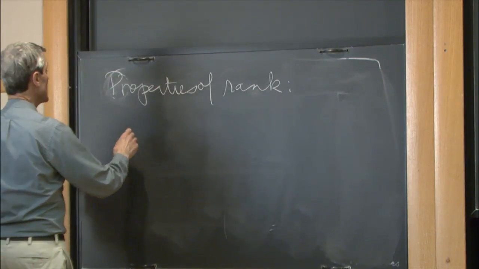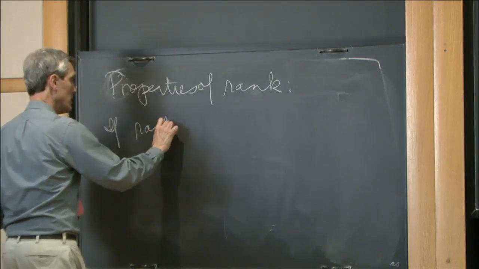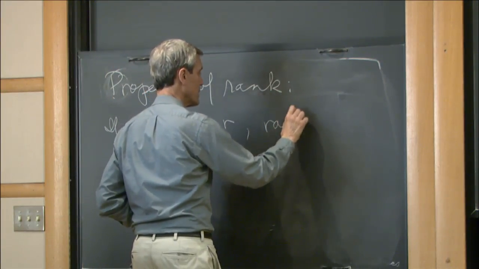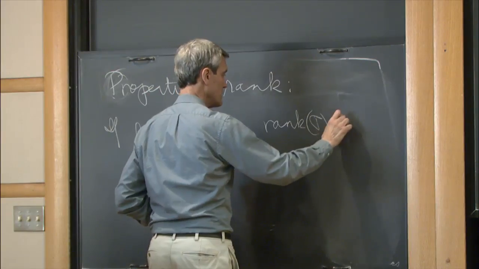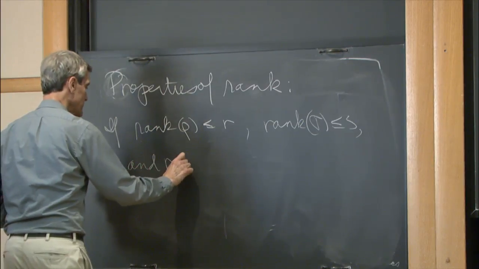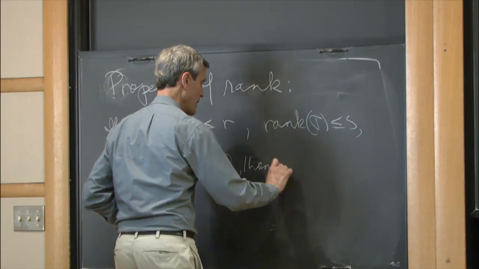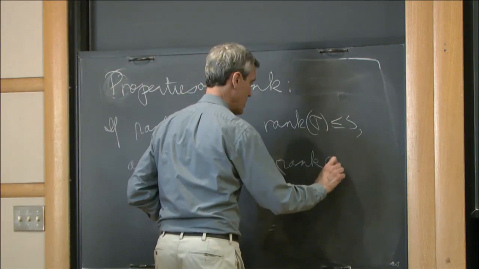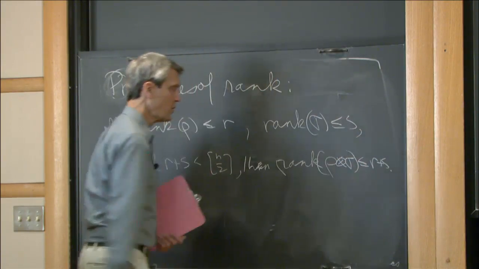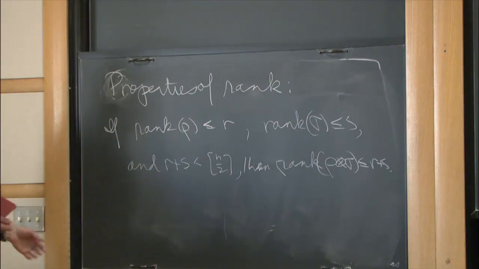One is that if the rank of rho is less than or equal to R, the rank of sigma is less than or equal to S, and R plus S is less than n over 2, then the rank of the tensor product is less than or equal to R plus S. So there's a nice compatibility with forming tensor products. Rank at worst just adds.